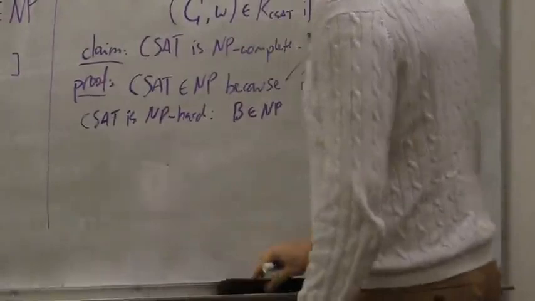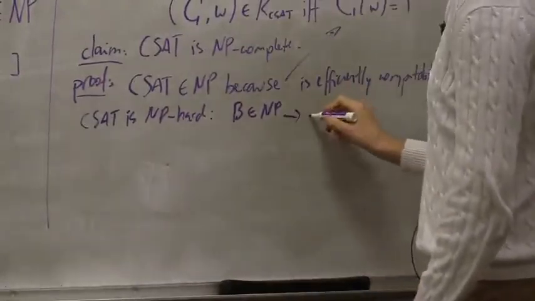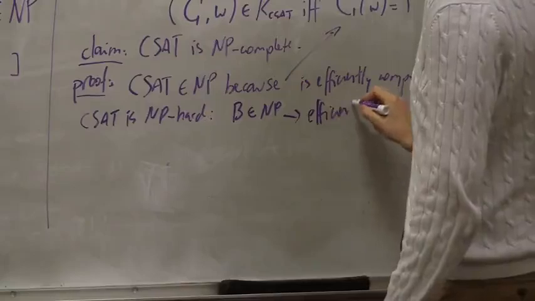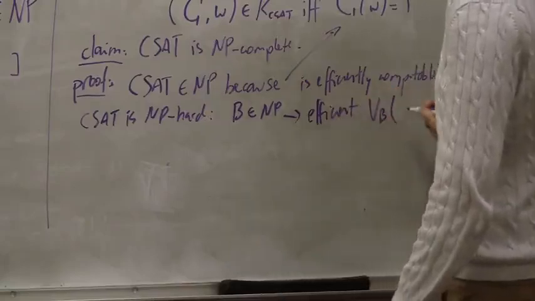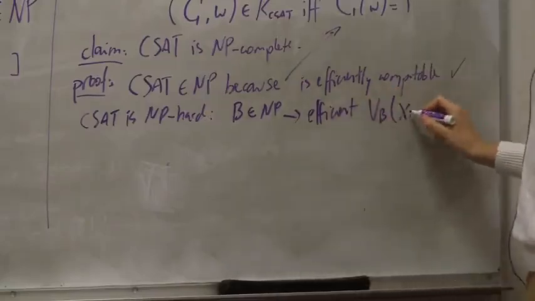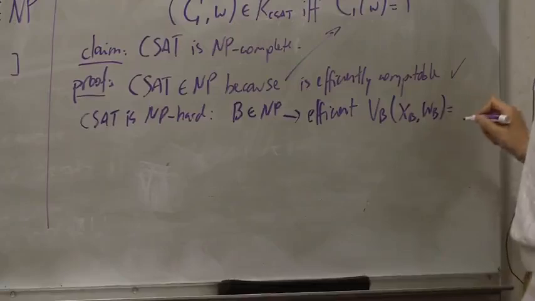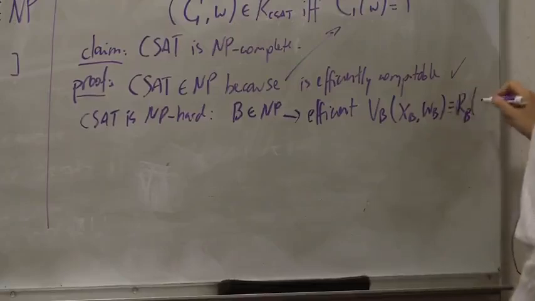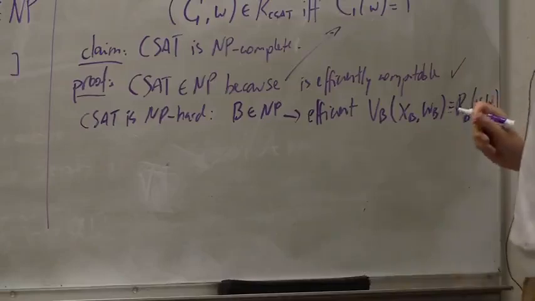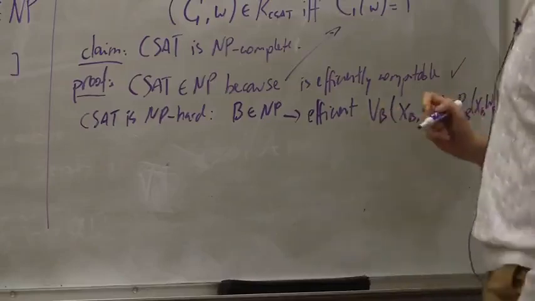Right? So because B is in NP, it has an efficient verifier V sub B that takes instances of B and witnesses of B and decides according to the relation of B. So there is an efficient verifier.